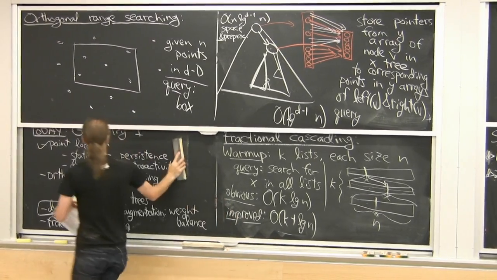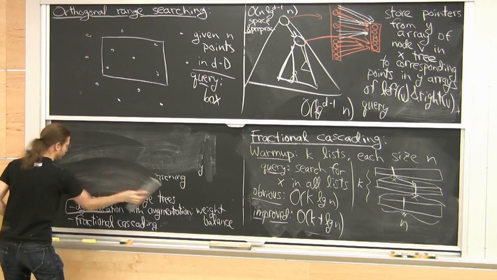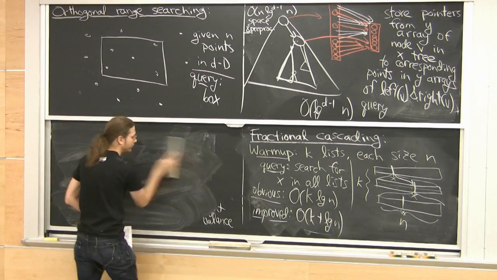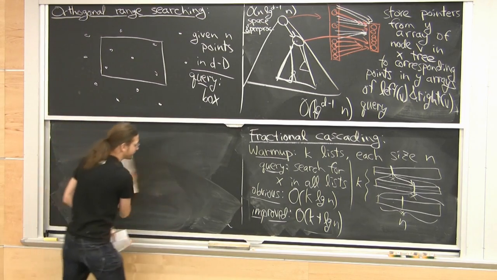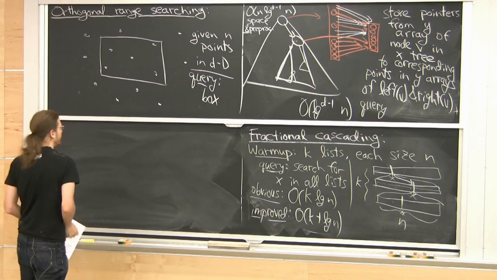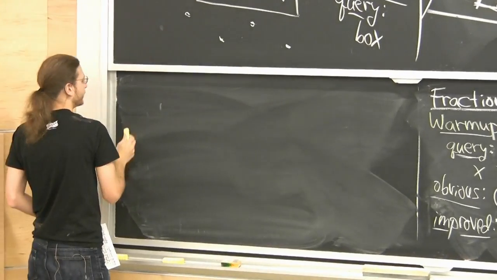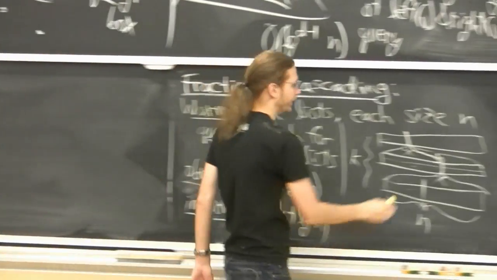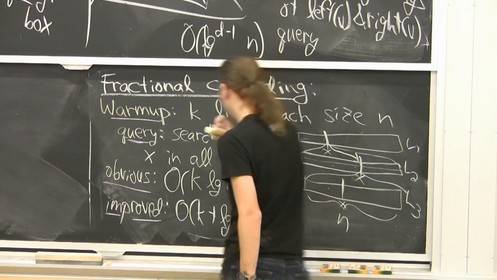So I can erase this now. What do we do? The idea is very simple. I'm going to call these lists L1, L2, L3, up to Lk.